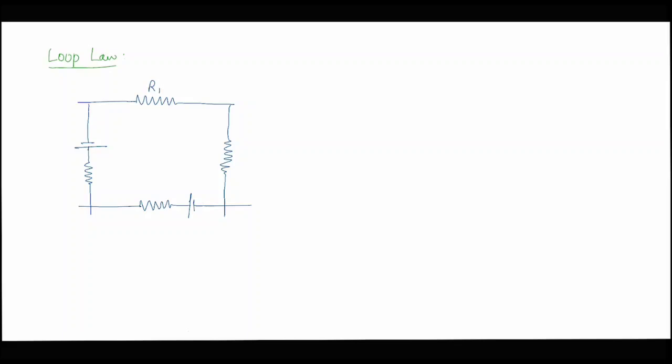This one is R2, R3, R4, this one is E1 and this one is E2. We are considering that the current in the circuit over here is I1, over here is I2, over here is I3, and the current from here is in the downward direction, that is I4, somewhat like this.